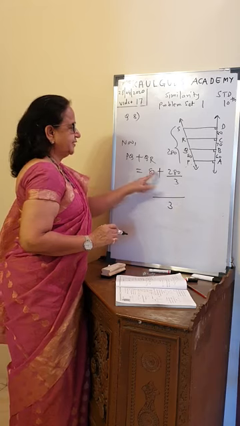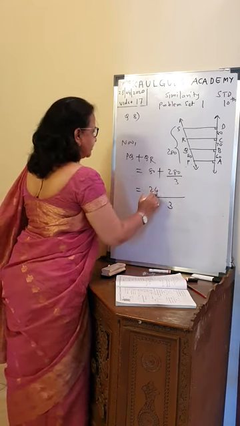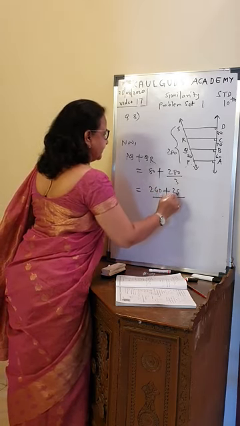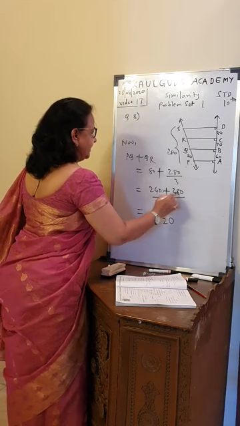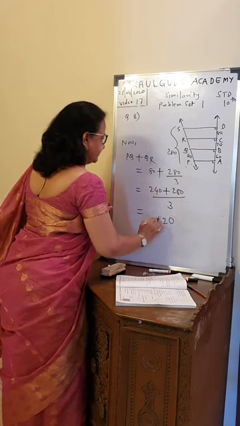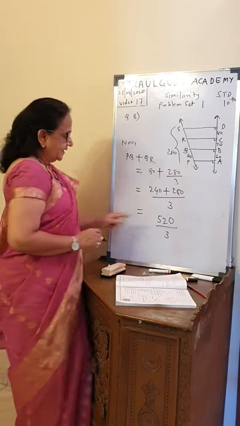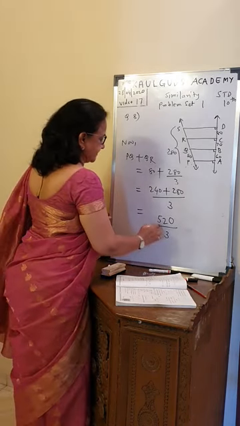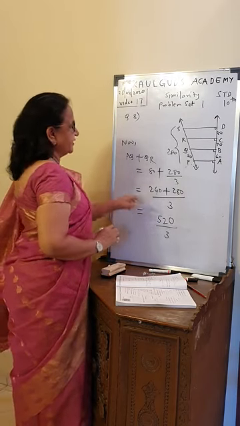Cross multiply, 3 into 80: 8 3s are 24, so 240, plus this number 280. What is the addition? 8 and 4 is 12, carry 1, 2 and 2 is 4 and 1 is 5. So 520 divided by 3. Again, it doesn't give a perfect division, so let us leave it at 520 upon 3.